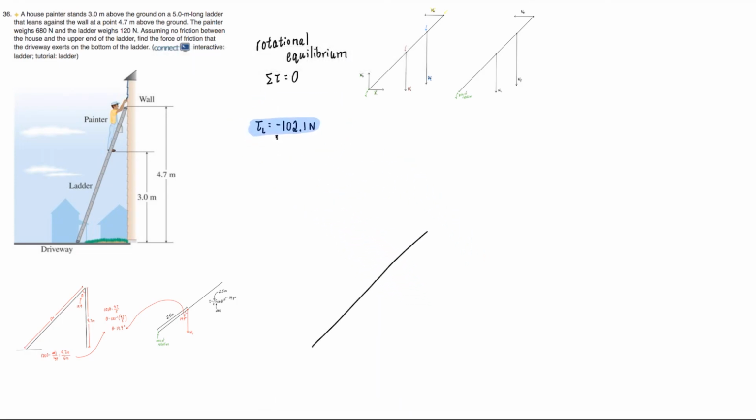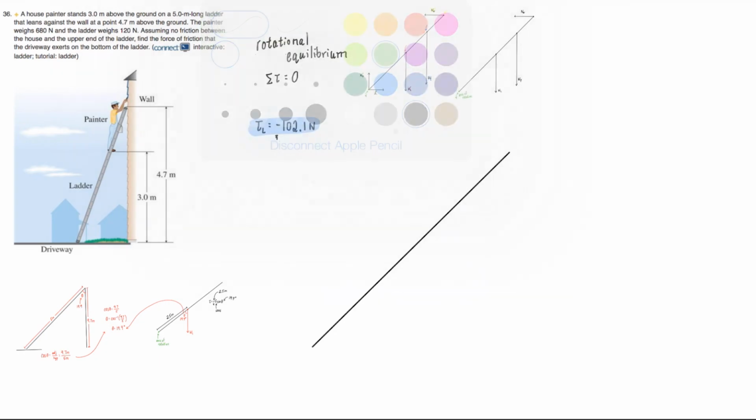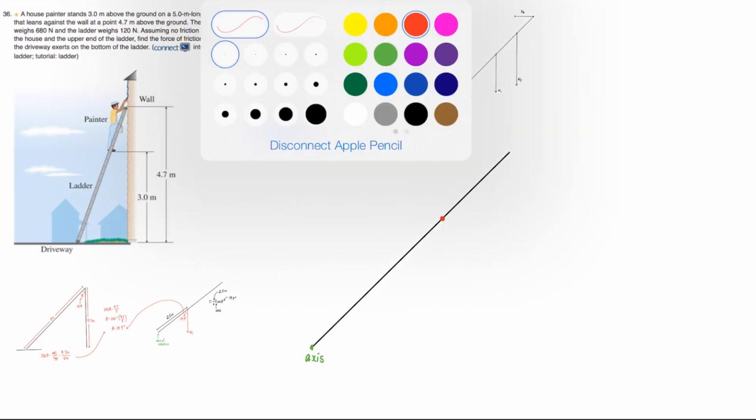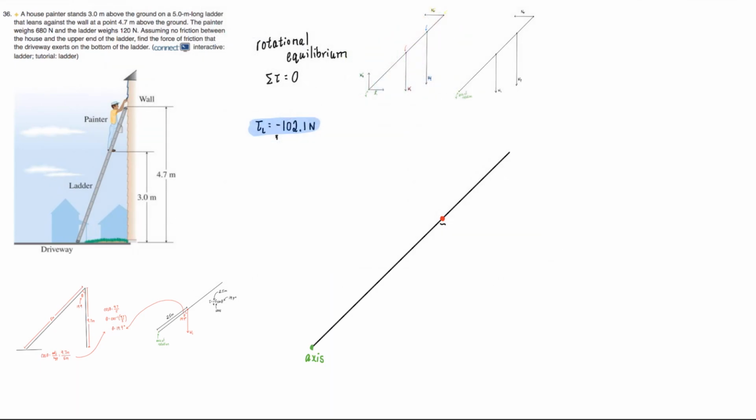So here I'm going to redraw the same ladder as before. So we know that the axis of rotation is down here, and our painter is standing around this point of the ladder. He's standing at a height of 3 meters.